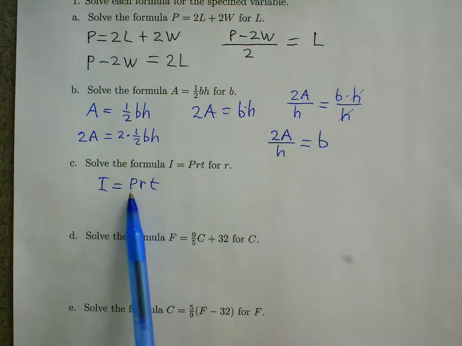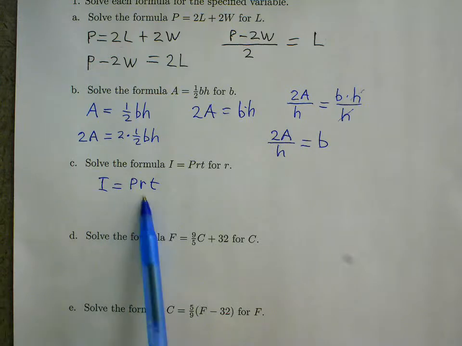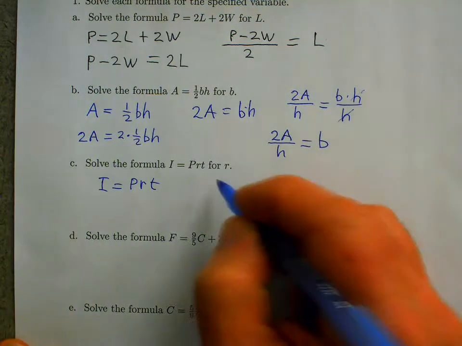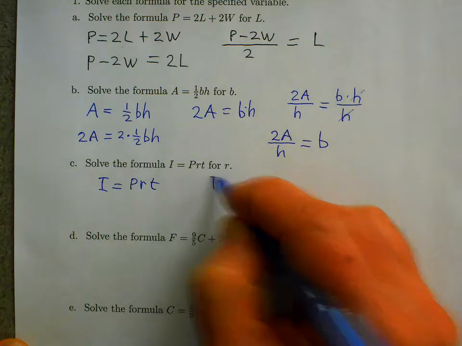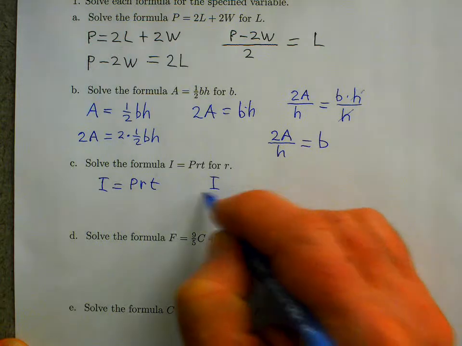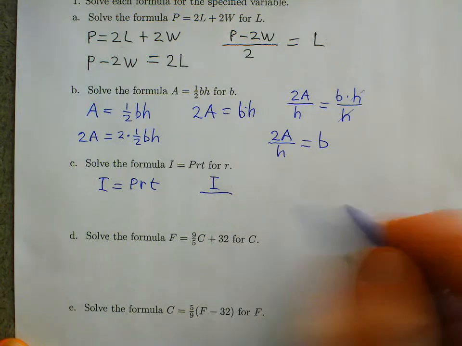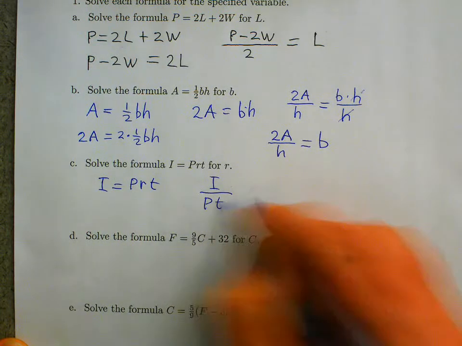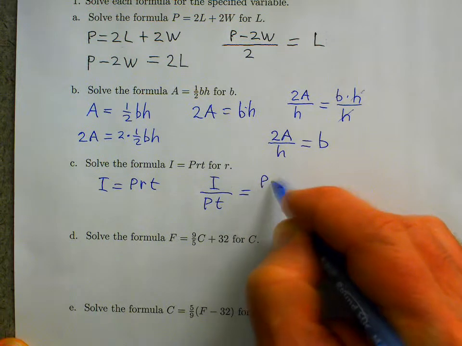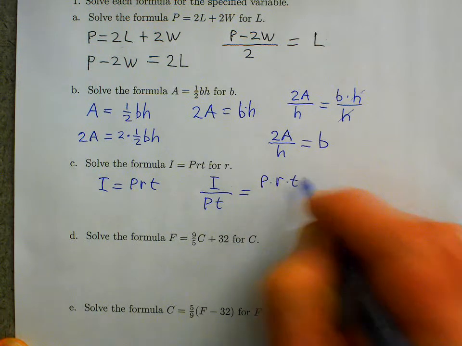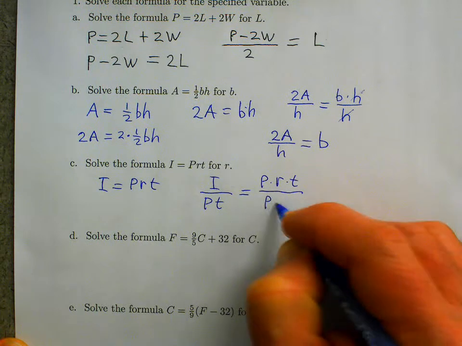Since on the right-hand side I have P times R times T, I can just divide both sides by P times T all at once. So divide the left-hand side by P times T. Divide the right-hand side by P times T.